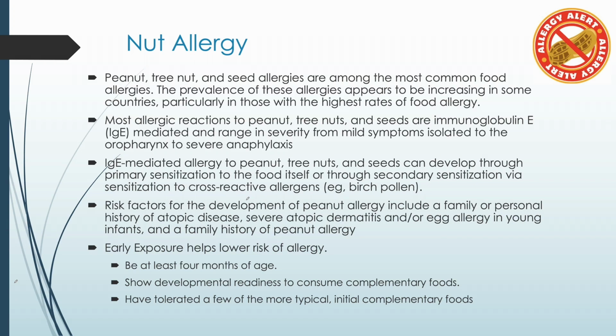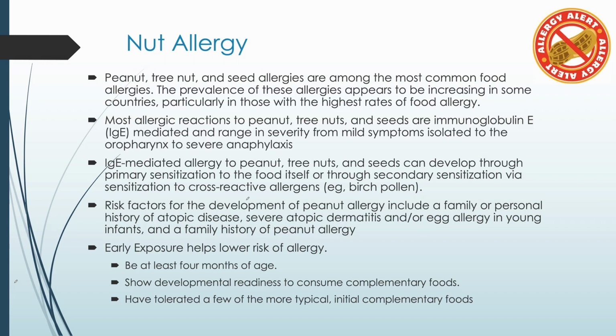So if you have generalized allergies, you tend to have a higher risk of developing nut allergy, severe atopic dermatitis, egg allergy, and then a family history of peanut allergies. And then, like I mentioned before, early exposure helps lower the risk of allergy. If you have exposure by at least 4 months of age, it shows an ability to lower the risk.